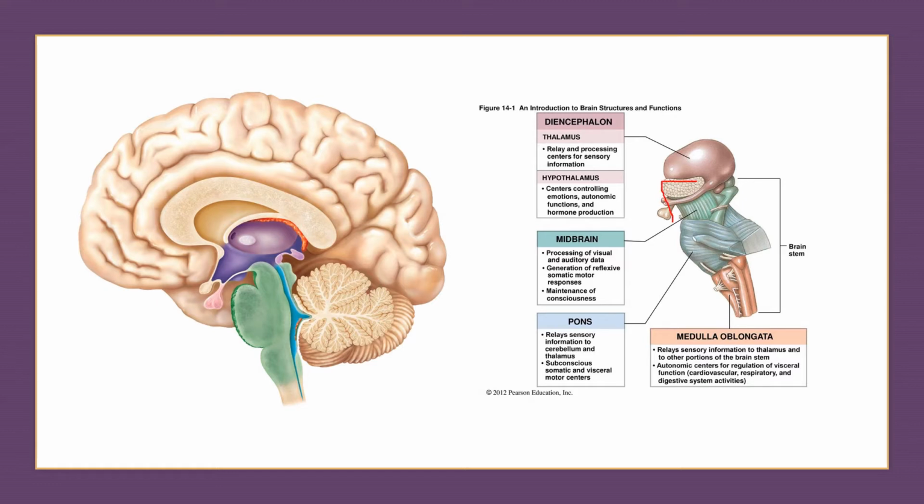The hypothalamus, this region, is really, really important because it has to do with a lot of hormonal functions. The hypothalamus and the pituitary gland work in unison with the thyroid gland.